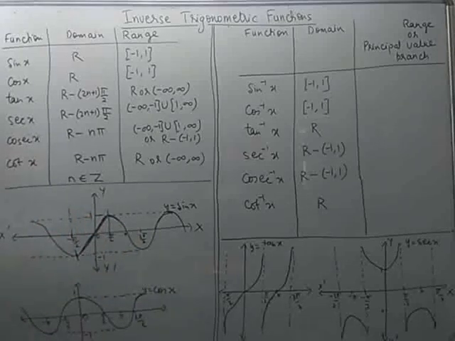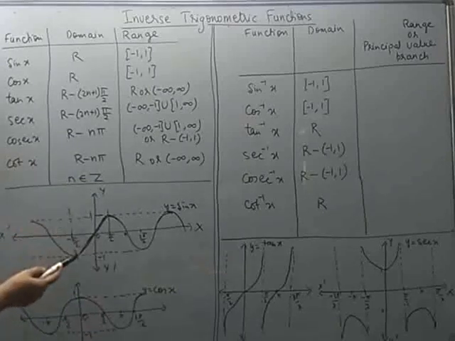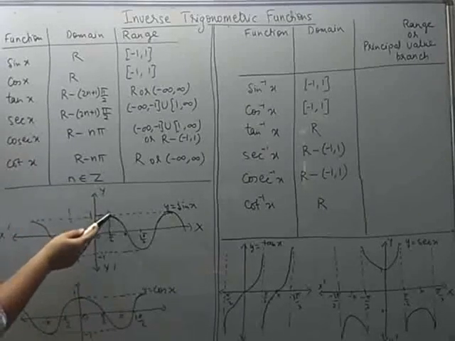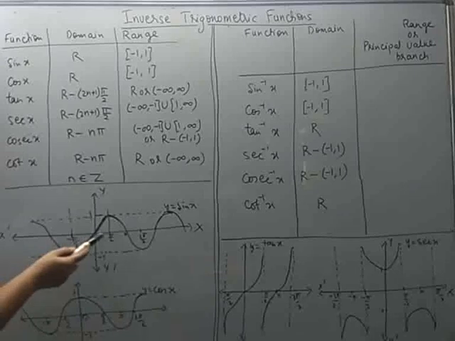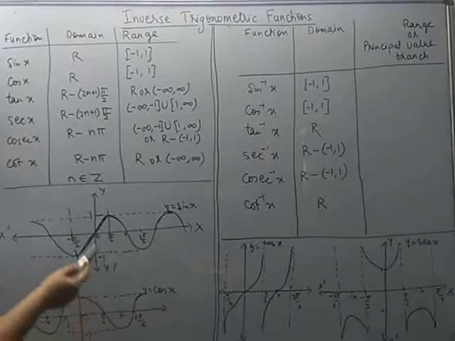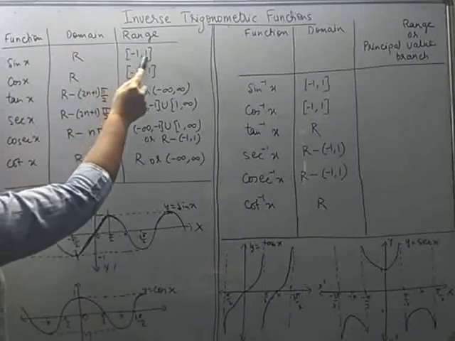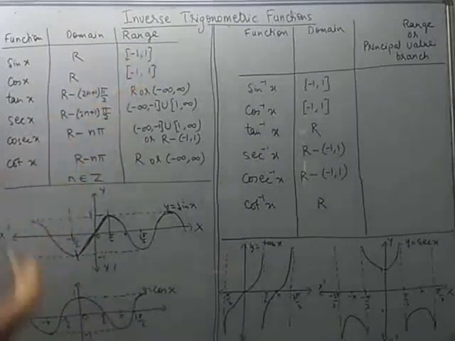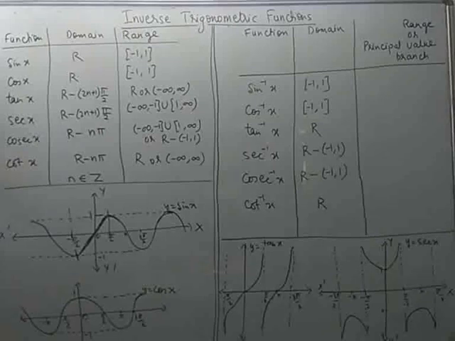This particular part, if I make it thick, what do we see? When x takes various angles from minus pi by 2 to pi by 2, y will take the values minus 1 to 1. This means what? Within this interval of angles, that is minus pi by 2 to pi by 2, I am able to get every single real number from minus 1 to 1 as an image.